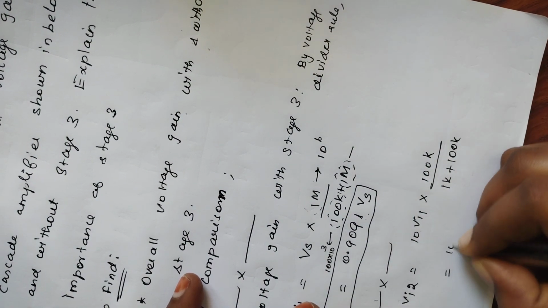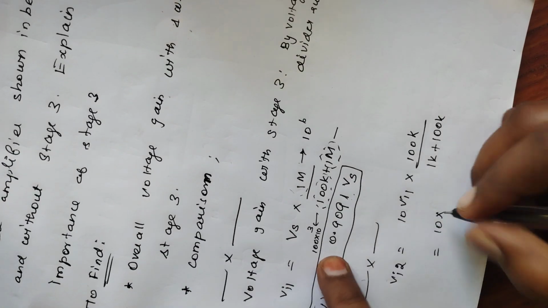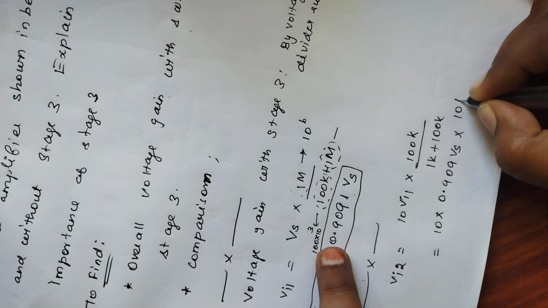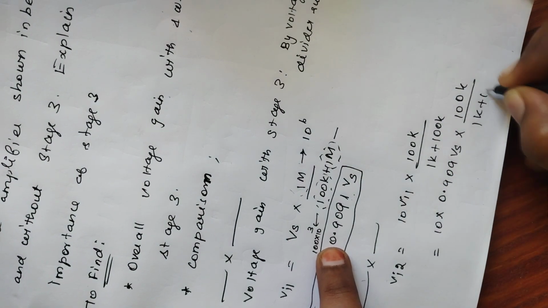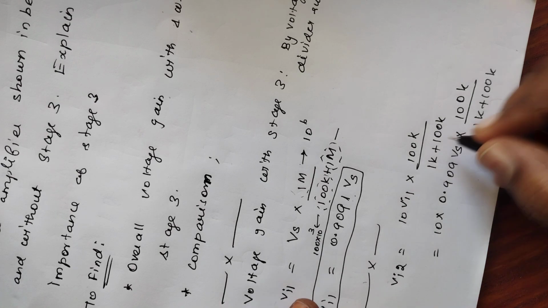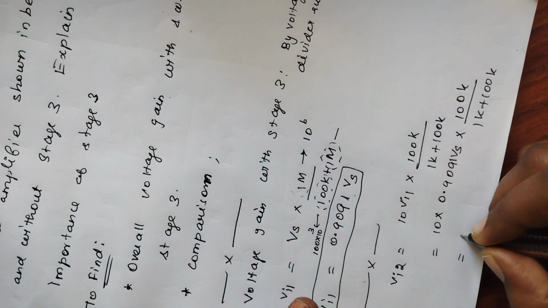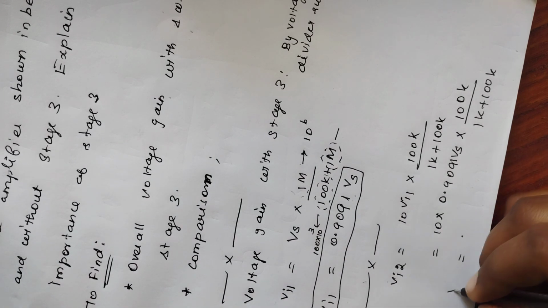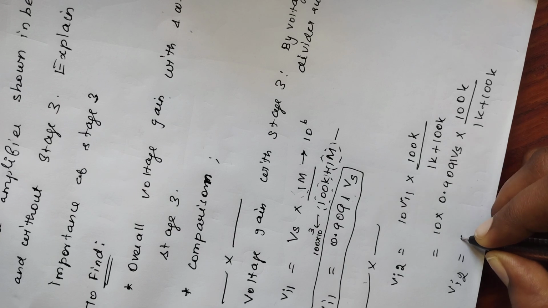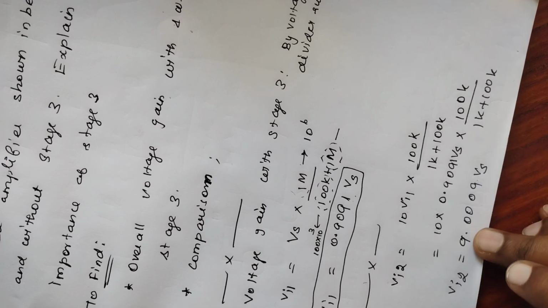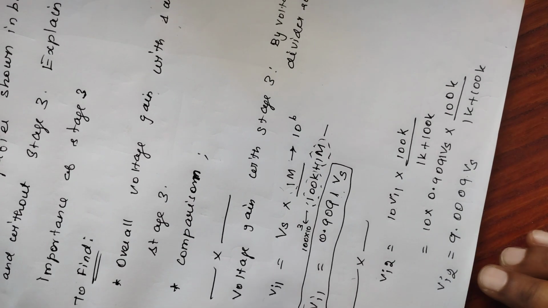So 10 times the value of Vi1 we found already as 0.9091 Vs, times 100k divided by 1k plus 100k. When we calculate, Vi2 is 9.0009 Vs. This is the value of Vi2.